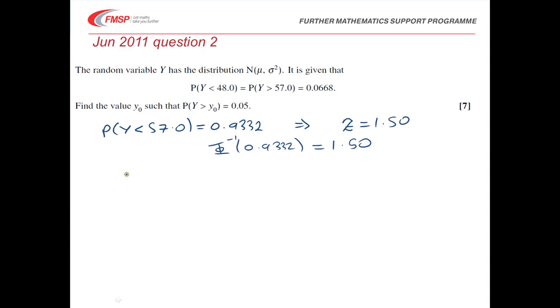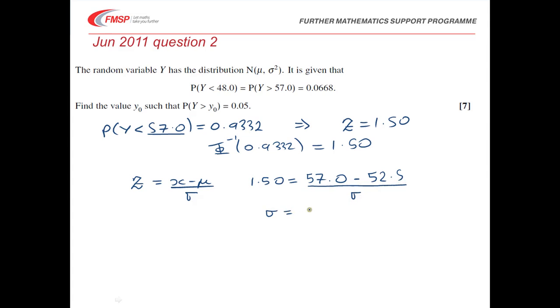So that's fine. Well, z is the standardized distribution, so z is actually equal to x minus mu over sigma. And this equation here is the one that's going to allow me to do this calculation further. So therefore 1.50 is going to be equal to x, which is 57 for this particular probability, minus the mean, which we've worked out to be 52.5, divided by sigma.